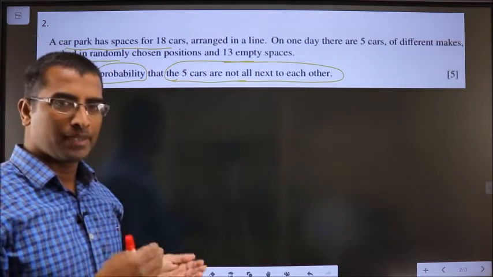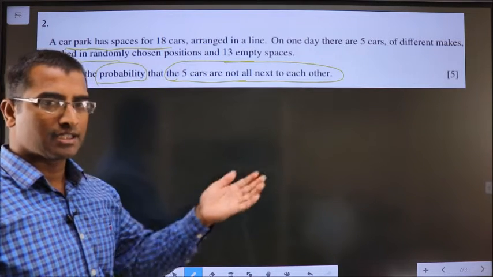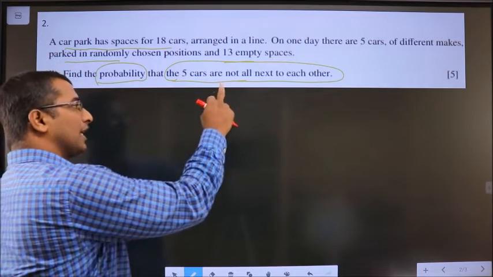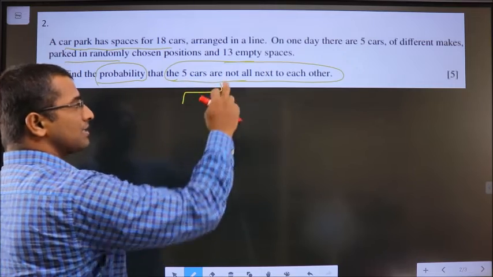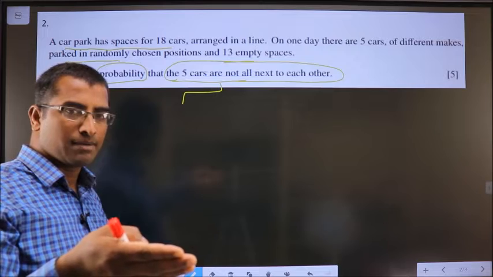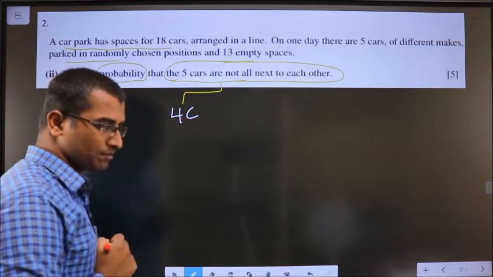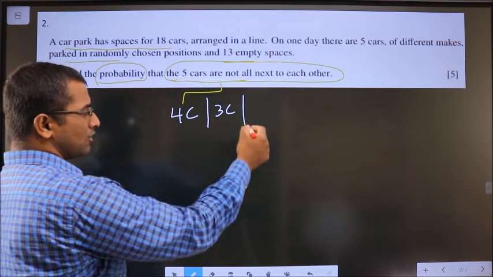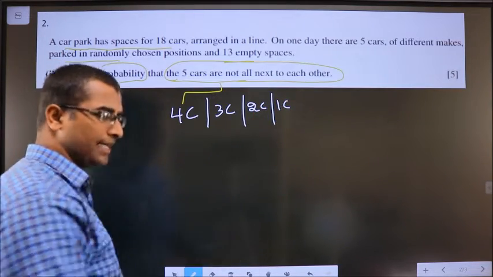First, I should find how many possibilities I get such that the 5 cars are not all next to each other. How do you understand this statement? 5 cars are not all next to each other means 4 cars can be next to each other, or 3 cars can be next to each other, or 2 cars can be next to each other, or each car can also be individually present.